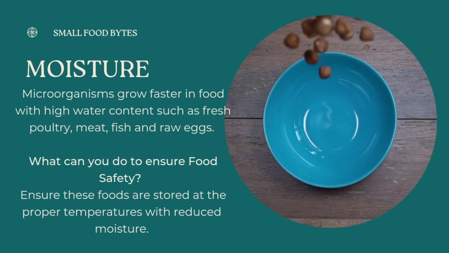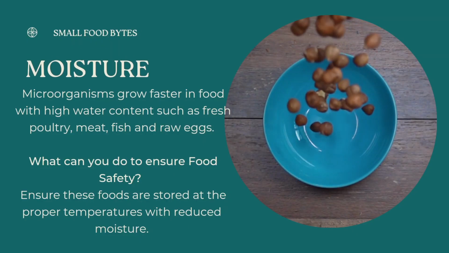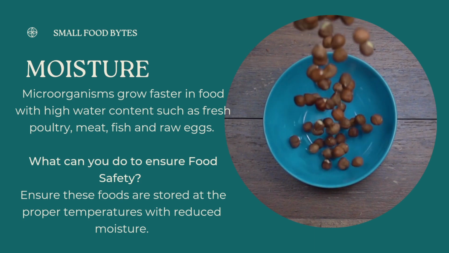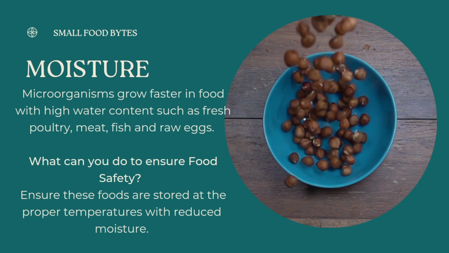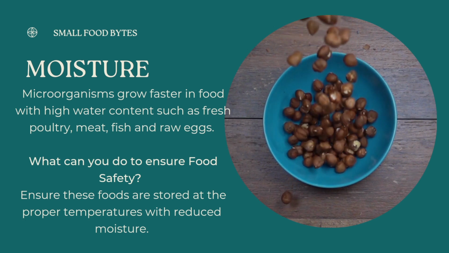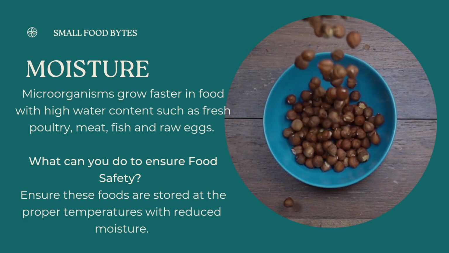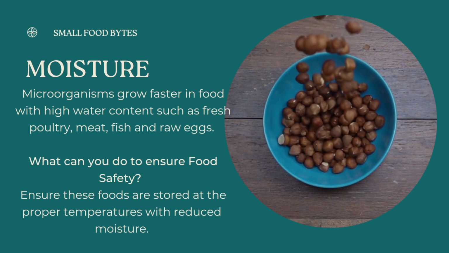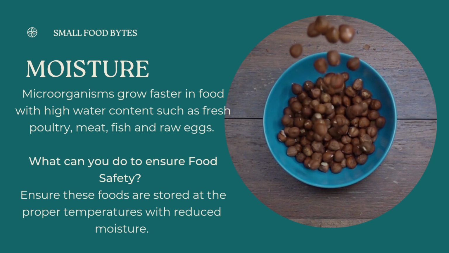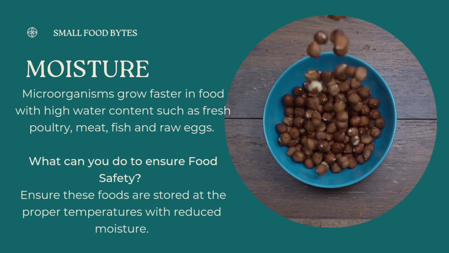And M for moisture. Microorganisms grow faster in food with high water content, such as fresh poultry, fresh meat, fish, raw eggs, and even your fresh tenderloin beef or pork chop. They love that.